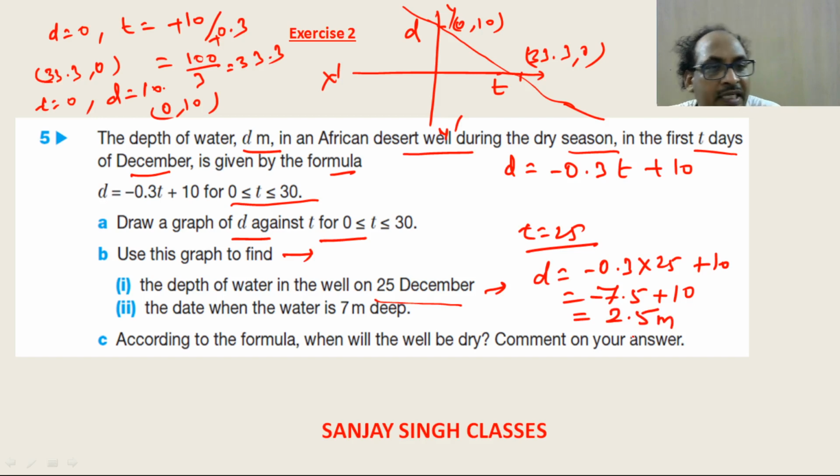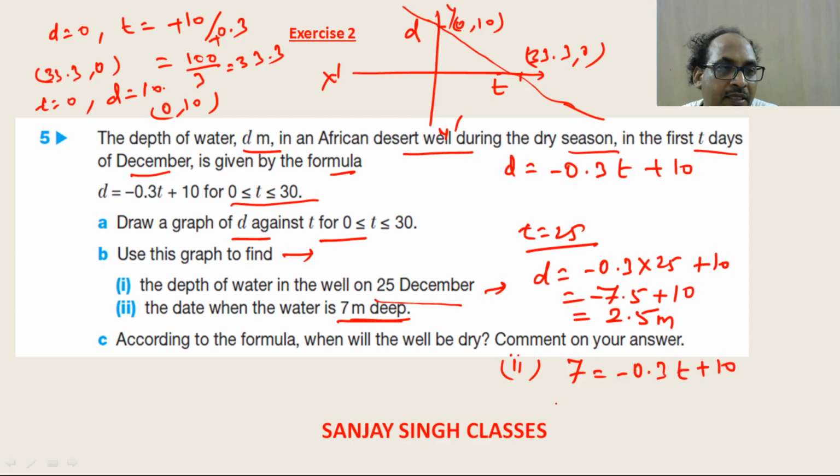The date when the water is 7 meters deep. Here d is given to us and we need to find t. So 7 is equal to minus 0.3 t plus 10. Then 7 minus 10 is equal to minus 0.3 t, so minus 3 is equal to minus 0.3 t.